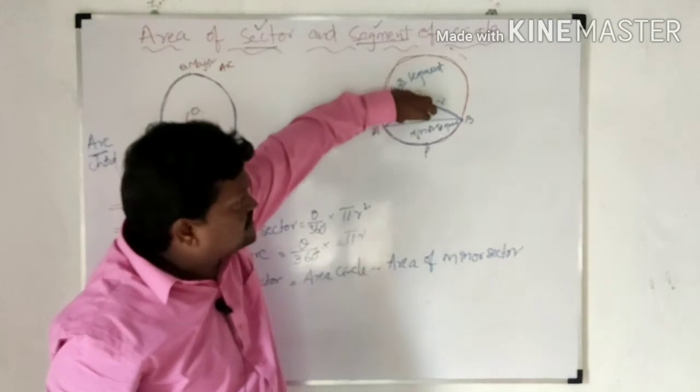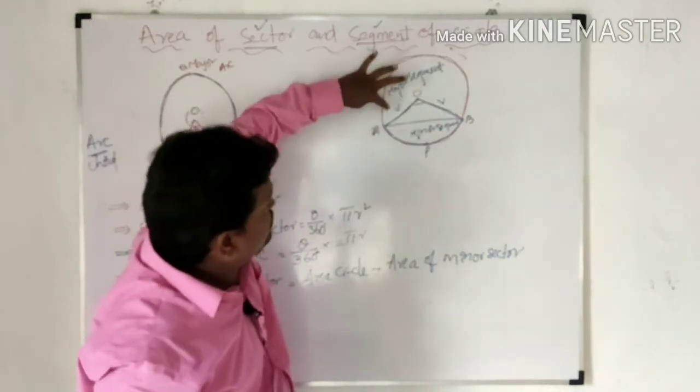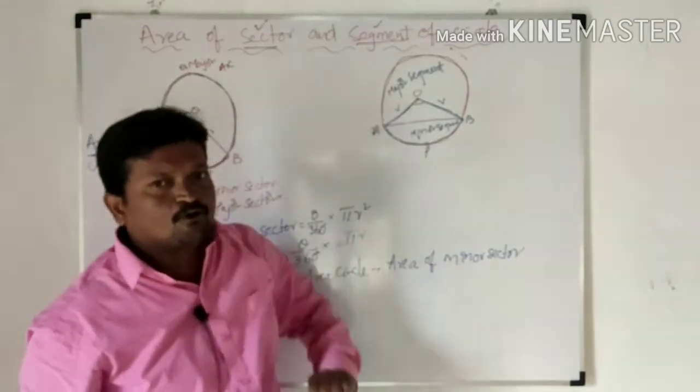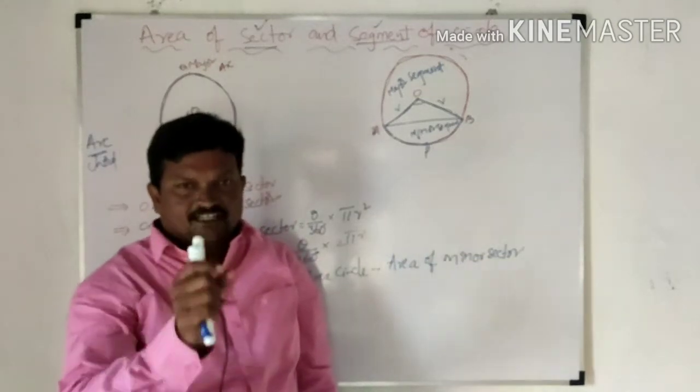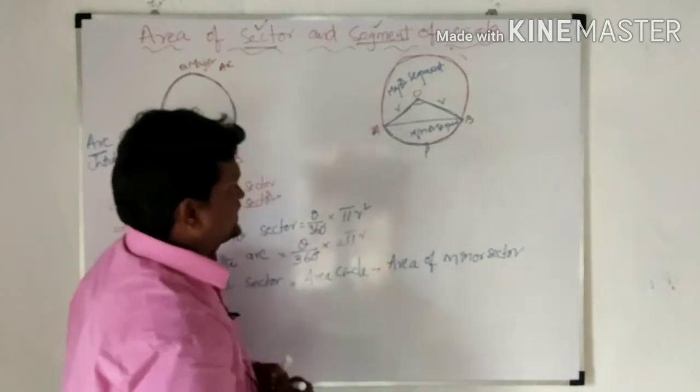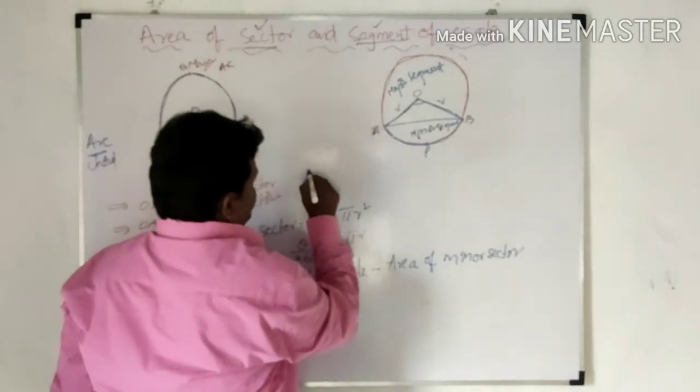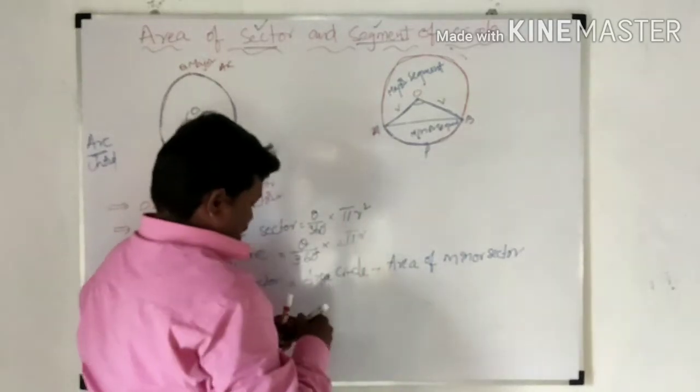If we subtract this triangle from the area of the sector, the remaining part will be the minor segment. So how can we write the formula for this?